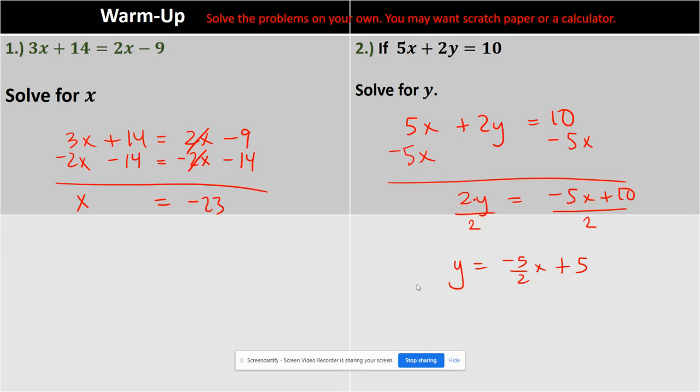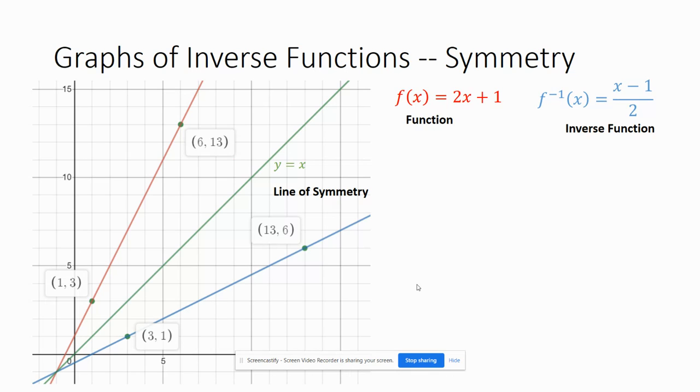So then going on to some graphs of inverse functions. And this is going to be something to keep in mind for every inverse we do. Let's say f of x is the original function. That's this red line. But f inverse of x, that's what this f to the minus 1 means, inverse function.